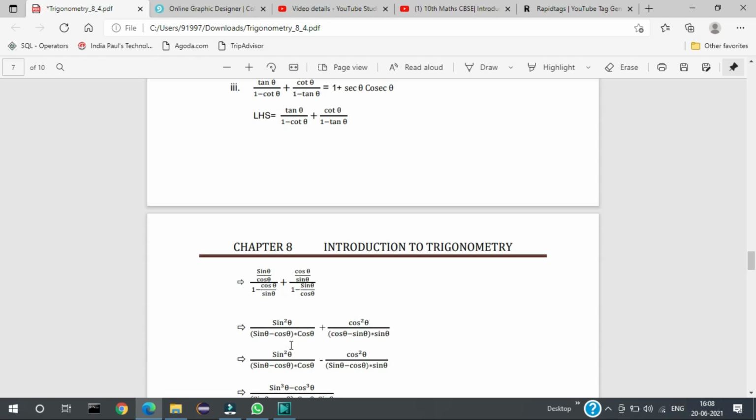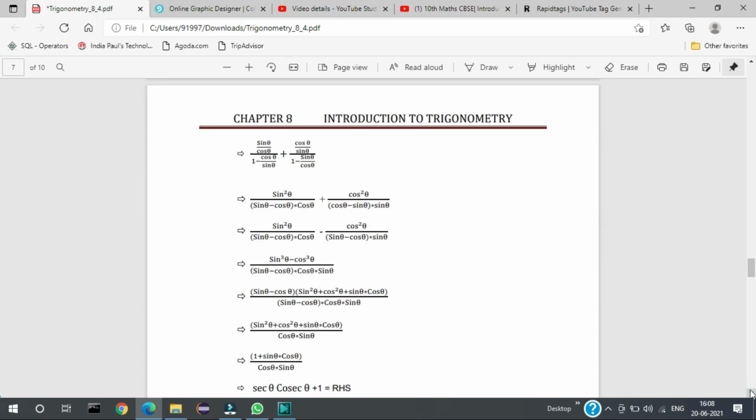So sin square theta by (sin theta minus cos theta) into cos theta, minus cos square theta by, here minus taken out, (sin theta minus cos theta) into sin theta. So next, the LCM is (sin theta minus cos theta) into cos theta into sin theta.